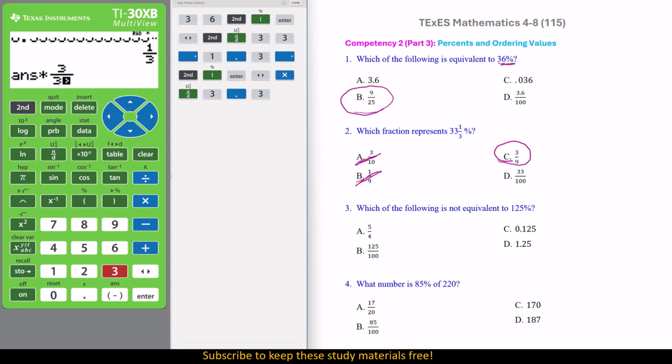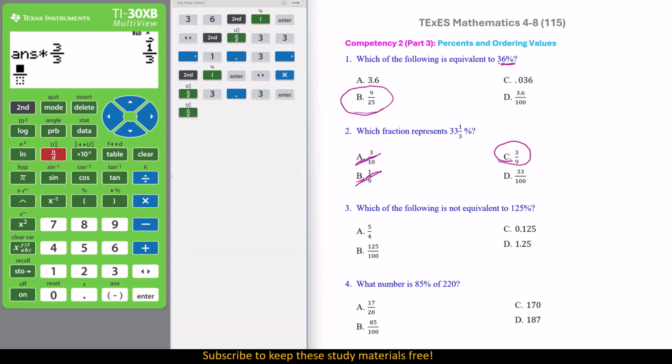I have to multiply the numerator and the denominator by the same value, which is the same as multiplying by 1. I push enter, and no matter what I do, it's always going to reduce. So that's not helping me.